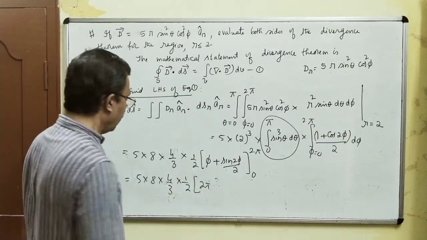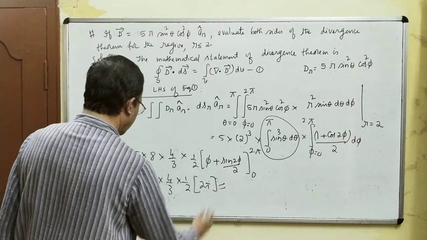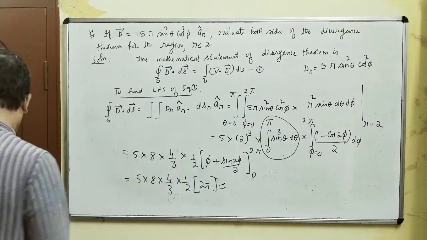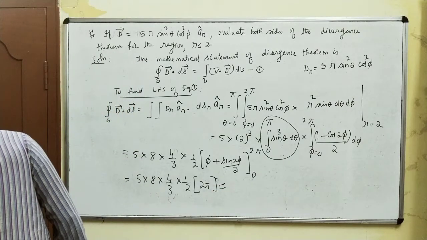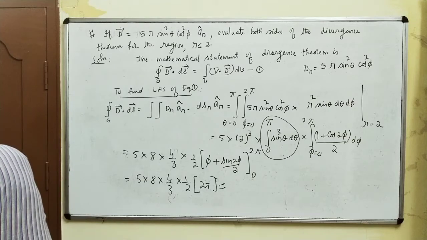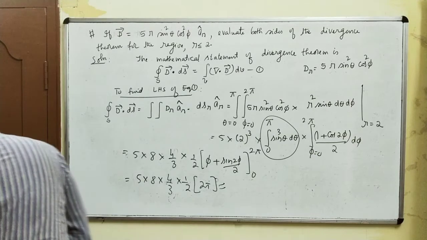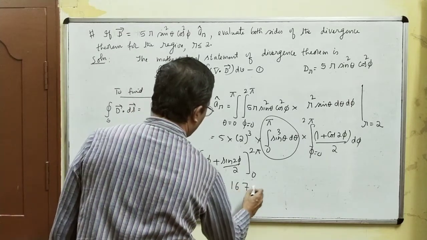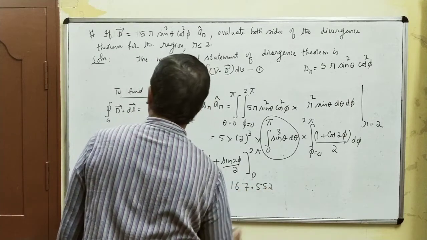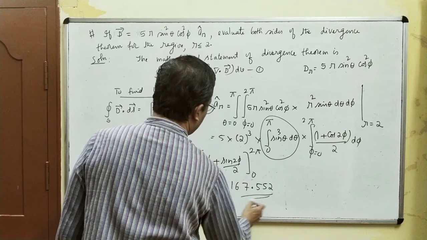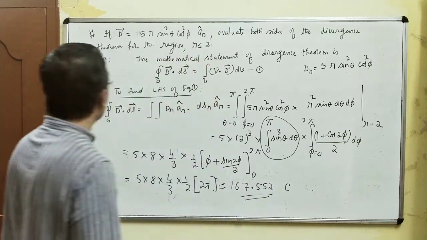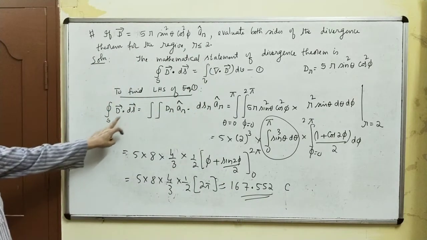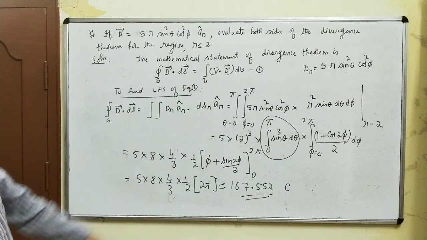Sin 4 pi is 0. So if you evaluate this, you get the answer 167.552 coulombs. Because closed surface integral of D dot ds is flux, therefore the unit is coulombs.